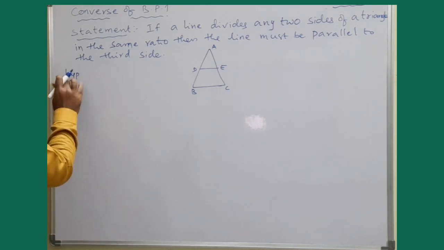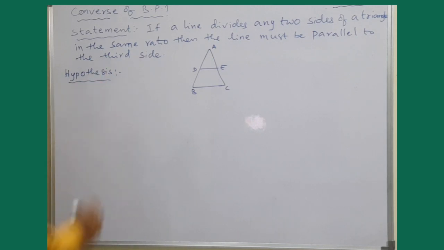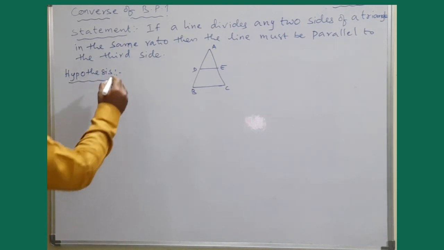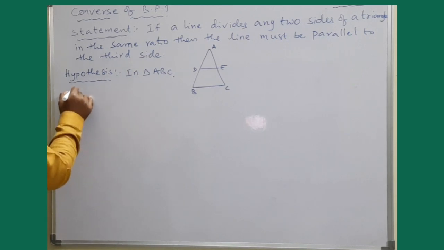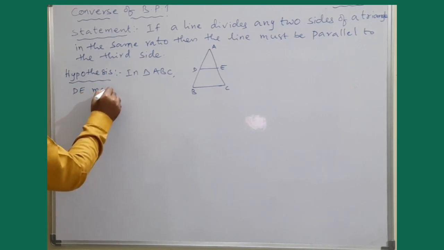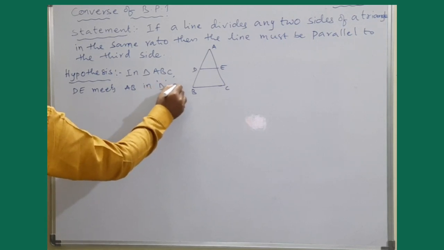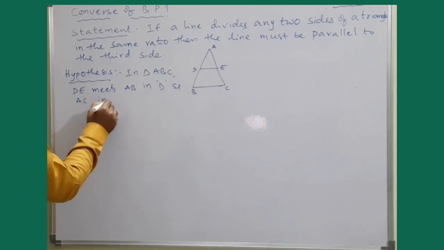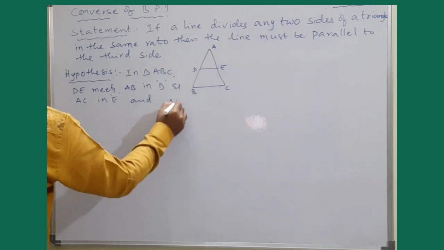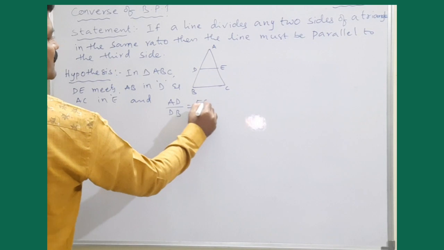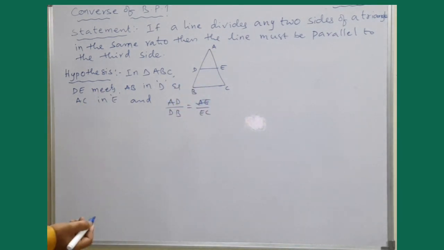So look at what the hypothesis is. In triangle ABC, DE is the line that meets AB in D and AC in E, and moreover it is given that the ratio is the same: AD by DB is equal to AE by EC, given that it divides in the same ratio.